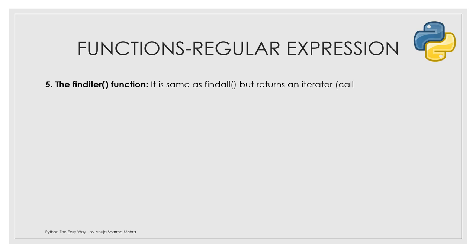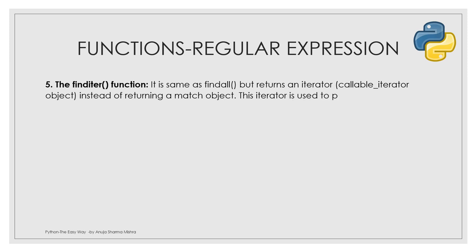So rather than getting a list, you will get an iterator instead of a list or a match object. The syntax of finditer is similar to that of findall. Now this iterator is used to print the starting index and ending index of all the matches found.